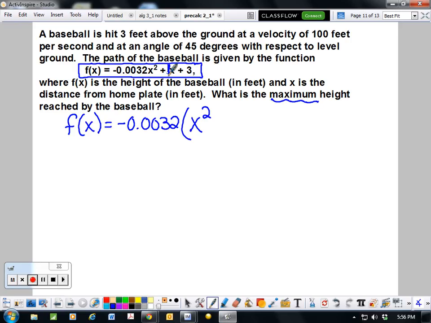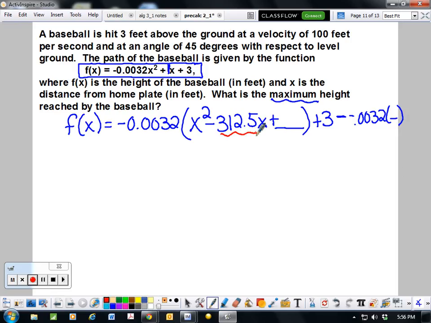And that tells me this value is negative 312.5x. Then I'm going to have my space for my completing the square. I'm going to have the plus 3. And then I'm also subtracting that blank. So that's minus the negative 0.0032 times my blank.